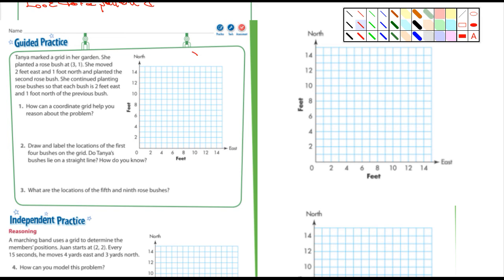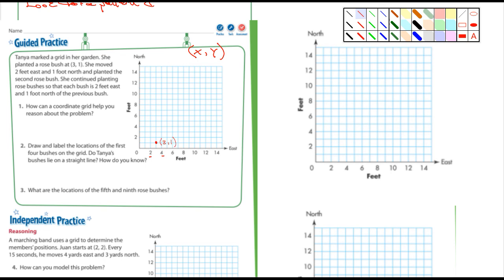So I'm going to put x, comma, y, just so you guys remember. So 3, 1, so I'm going to find 3 and then go up 1. So here's 2, here's 4, so 3 is going to be in between, then I'm going to go up 1 right there. And I could even write, and you'll do this in some of your graphs, 3, 1, right there, just so we know what that is.